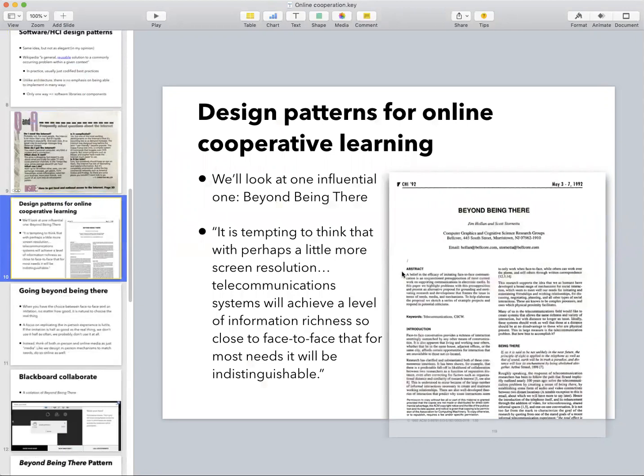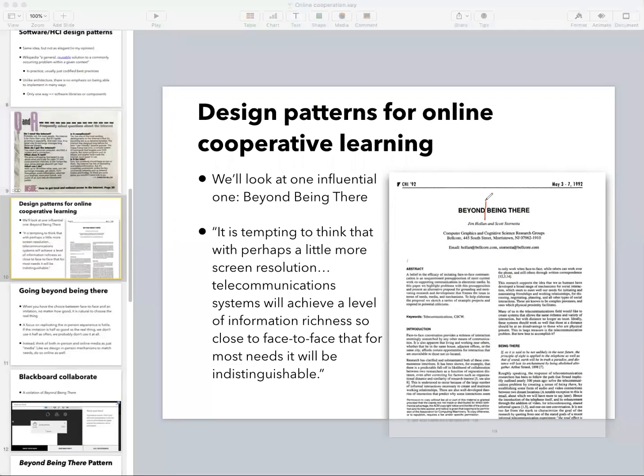They start with saying, hey, in this world where telecommunication is getting a little bit better every year, it is tempting to think that with just a little bit more screen resolution, just a few more tweaks, we'll have telecommunication systems which achieve a level of information richness so close to being face-to-face that for most needs, it will be indistinguishable. And this temptation is where part of this title comes from.